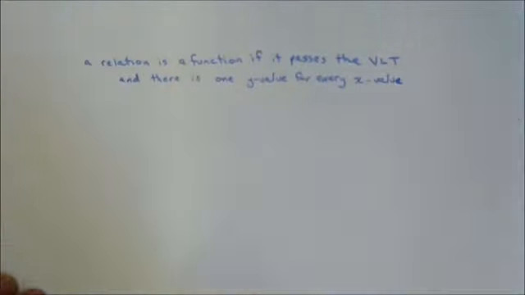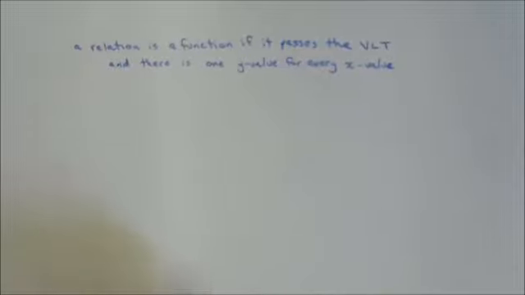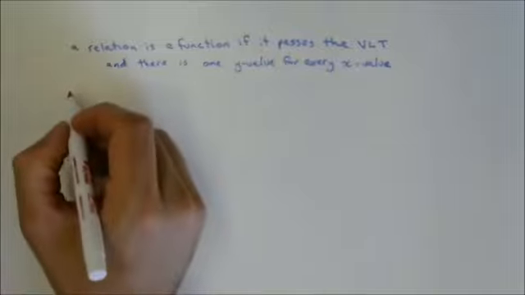So x can't map to two different y's, right? An input can't have two different outputs. Two different inputs can end up at the same output, but you can't put 3 into the function machine and get 7, and then put 3 in again and get 8. That wouldn't work. That's not a function. Would not pass the vertical line test either. Okay? End behavior.